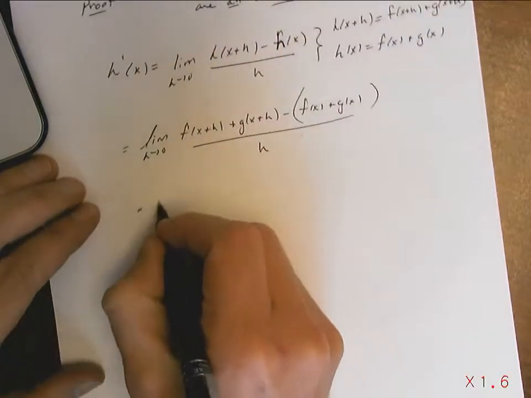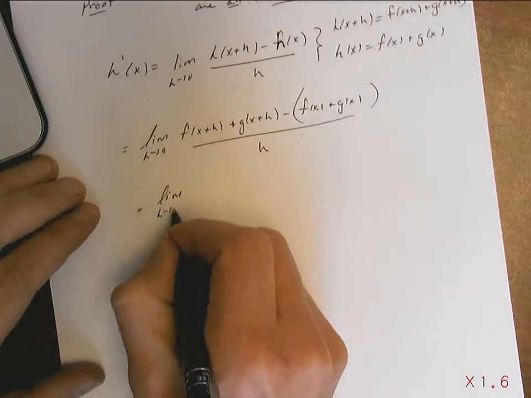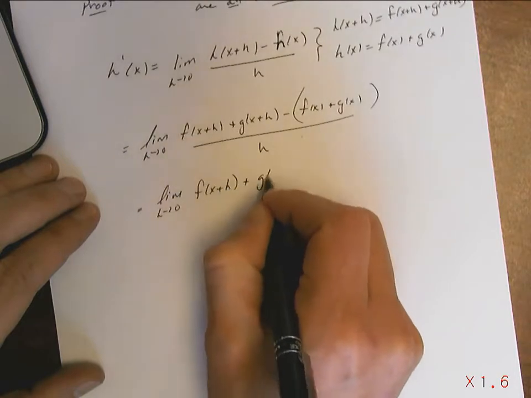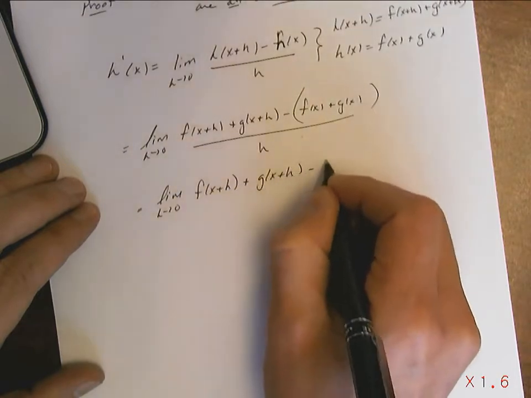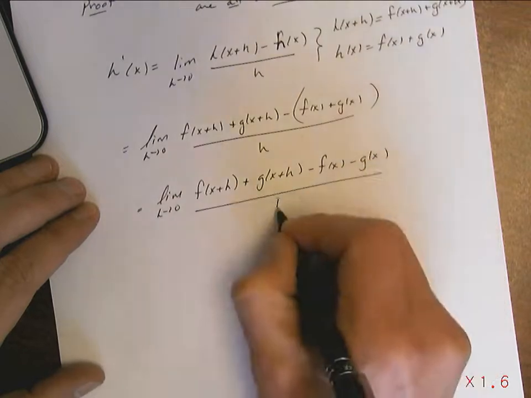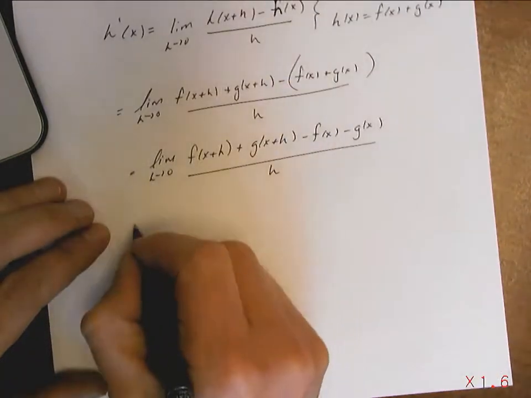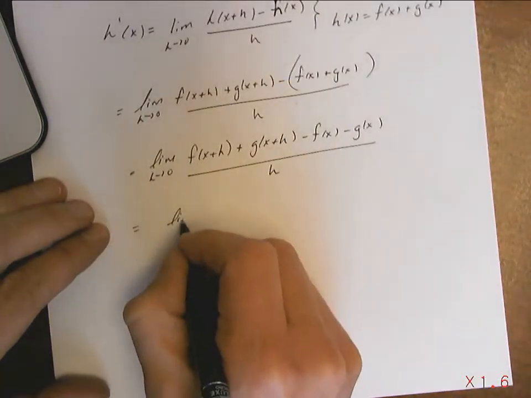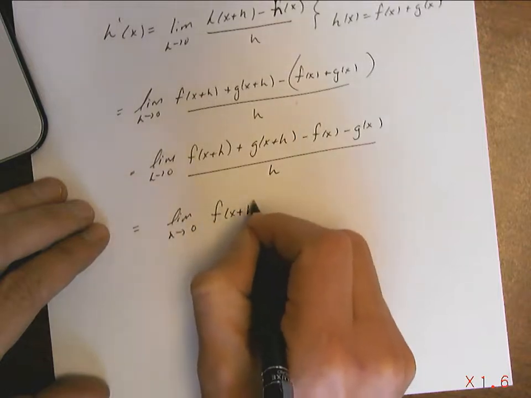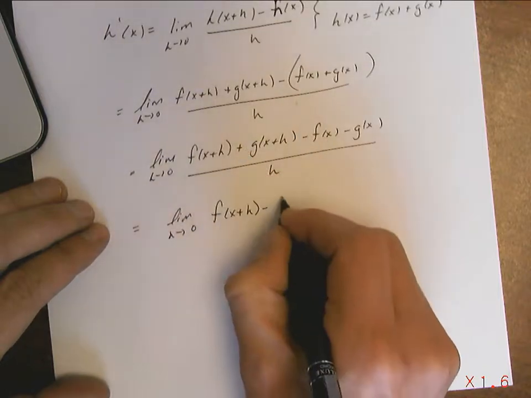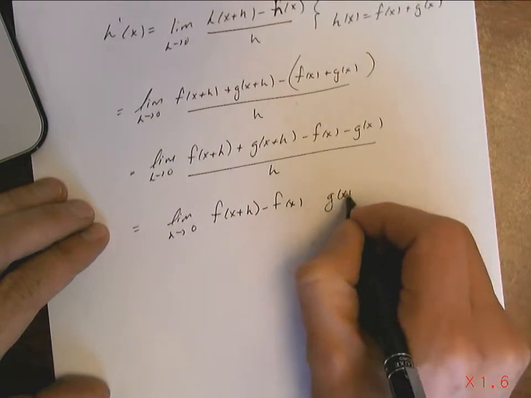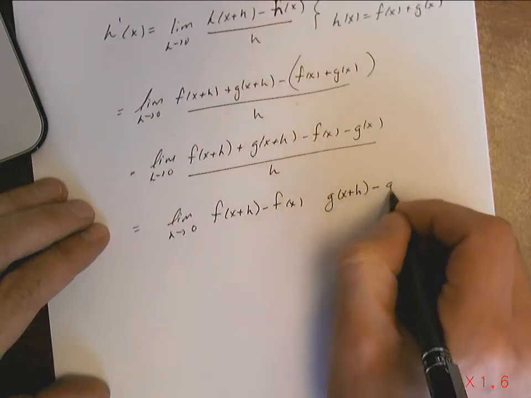This will work out to the limit as h approaches 0 of f of x plus h plus g of x plus h minus f of x minus g of x, all over h. Rearrange this a little bit if you don't mind. The limit as h approaches 0 of f of x plus h minus f of x, I'm going to bring that closer together, and then g of x plus h minus g of x.